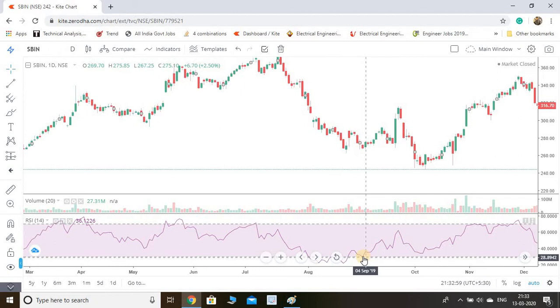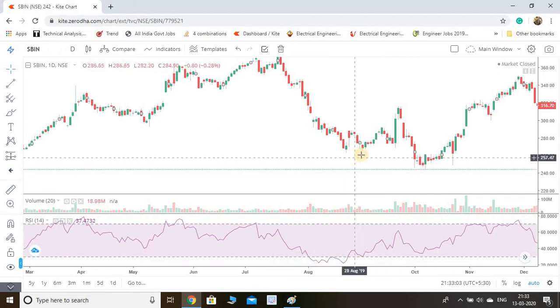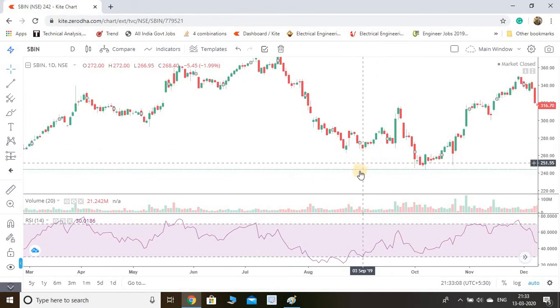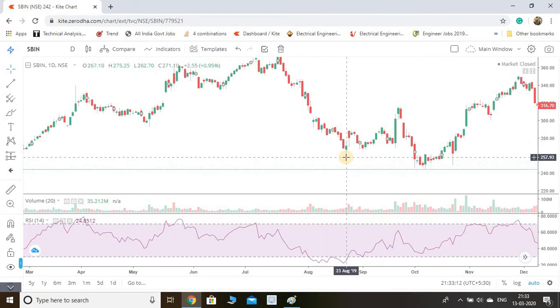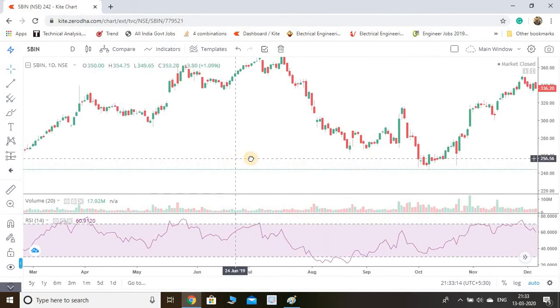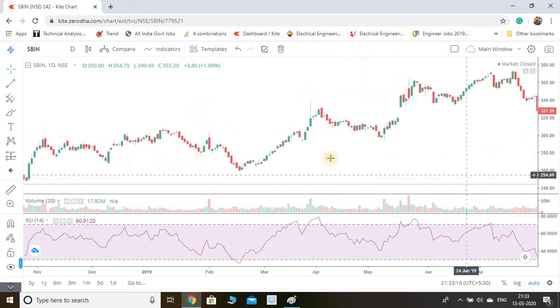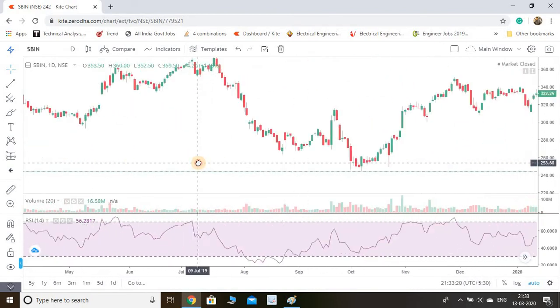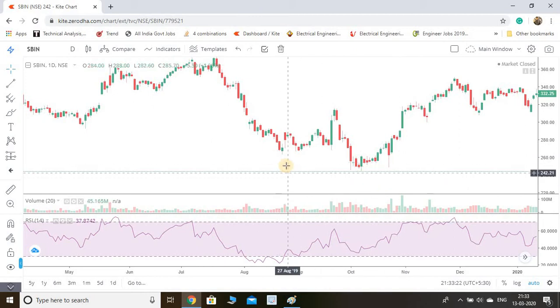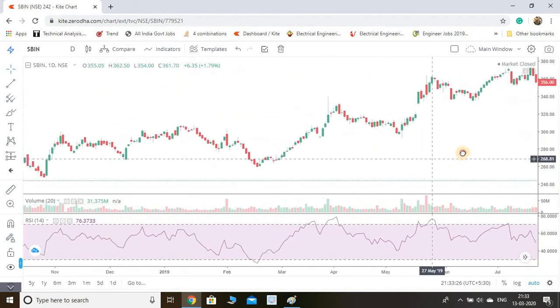Here is something like that situation, but not proper, because price is not making a lower low. In case of sell, it will be the opposite. So first let's check a few buying opportunities, then a few selling opportunities. Sorry, what I explained was for buying, and what I showed before was for selling.